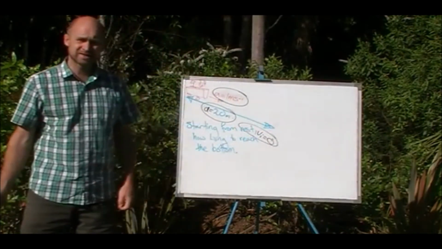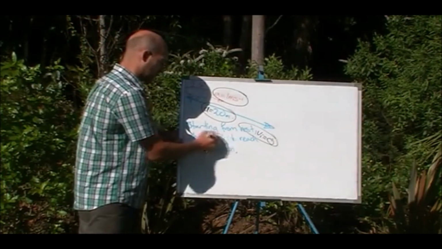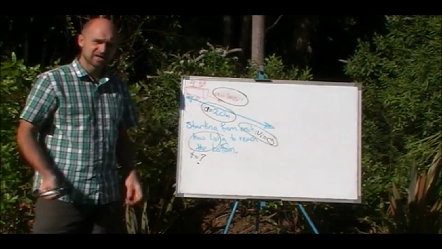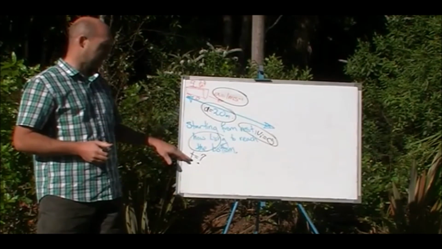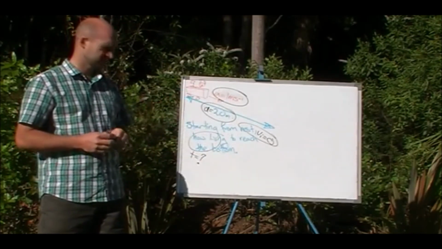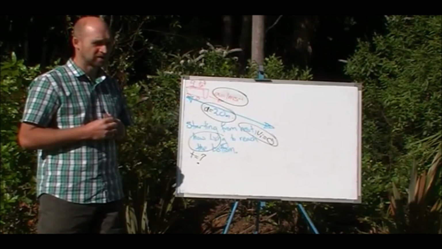Starting from rest, that means VI is 0. And how long to reach the bottom? The T is what we're trying to find. So we need an equation that's got a T, a VI, a D, and an A. No VF involved at all.